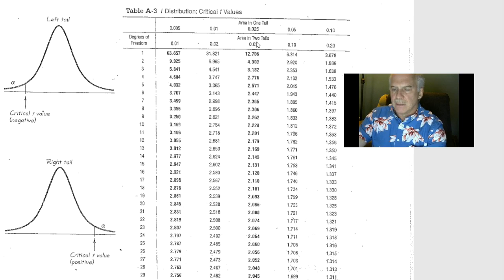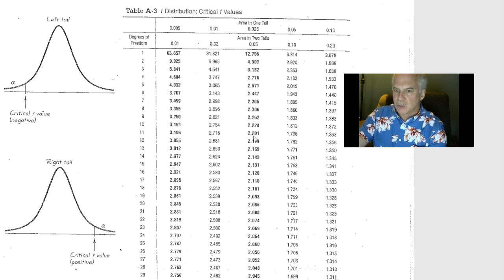So if we had area in two tails, or the alpha level is 0.05, and let's say the sample size was 12, then we'd go down that column to row 11, because the degrees of freedom is 1 less than the sample size.